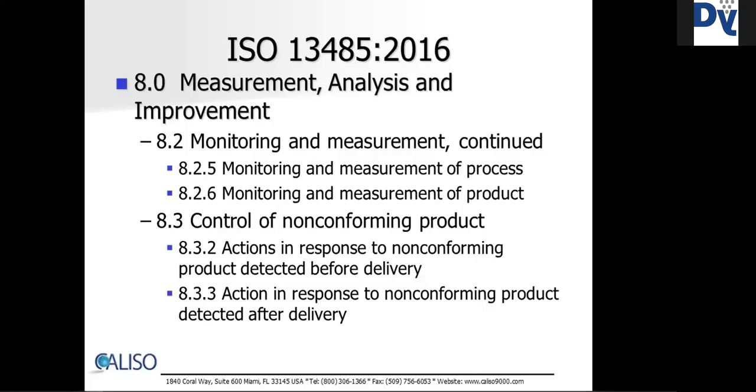Actions in response to non-conforming product detected after delivery. Procedures of issuing advisory notices shall be documented in accordance with regulatory requirements. Rework. Any non-conforming product that has been reworked will be verified to ensure it meets acceptance criteria.